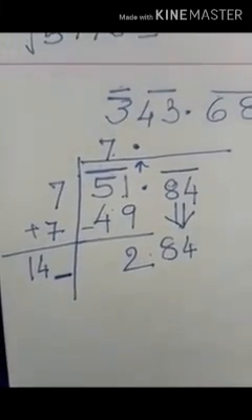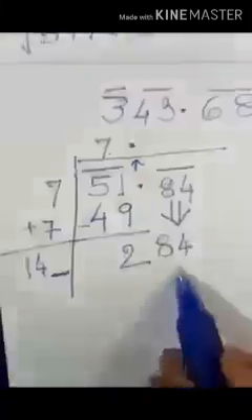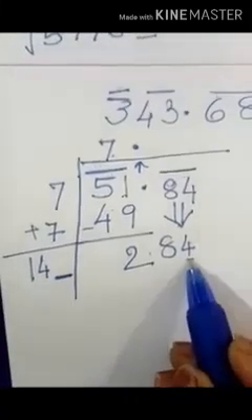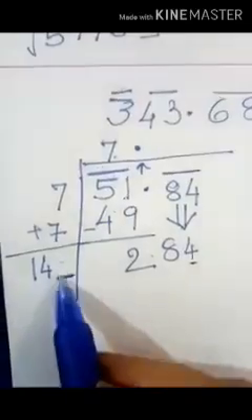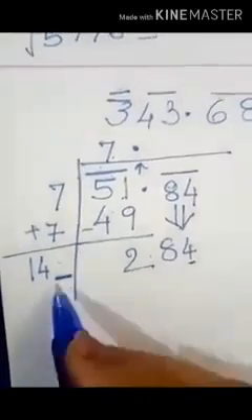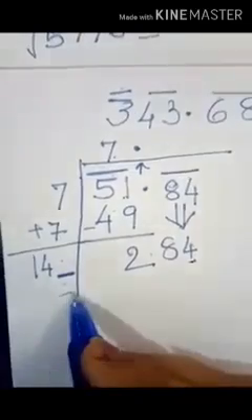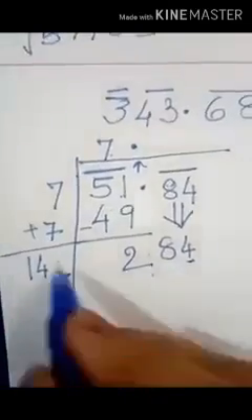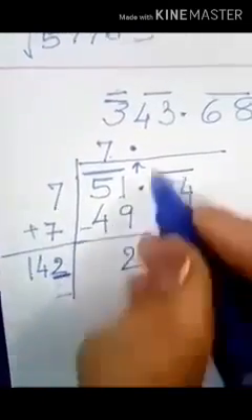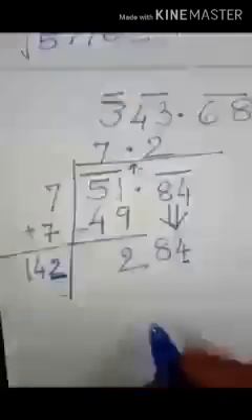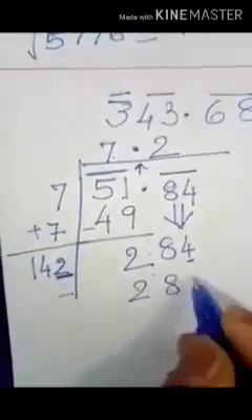What should be the new number? You can see that units digit is 4. So if I write here 2, 2 2s will give me 4, and if I multiply it with 2, then 2 1s are 2. So 142, 2s are 284.